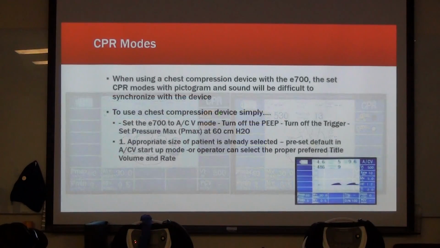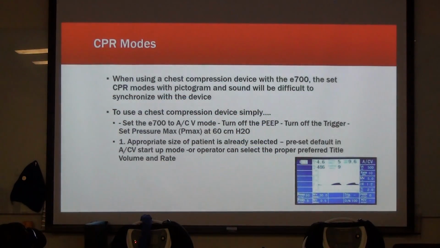If that's the case, you can go to the assist control mode, turn off the PEEP, turn off the trigger, and set your pressure max, your Pmax, at 60, which is right here, already set at 60. If it's not, you want to do that. This will give you the same as the CPR mode without all the bells and whistles.